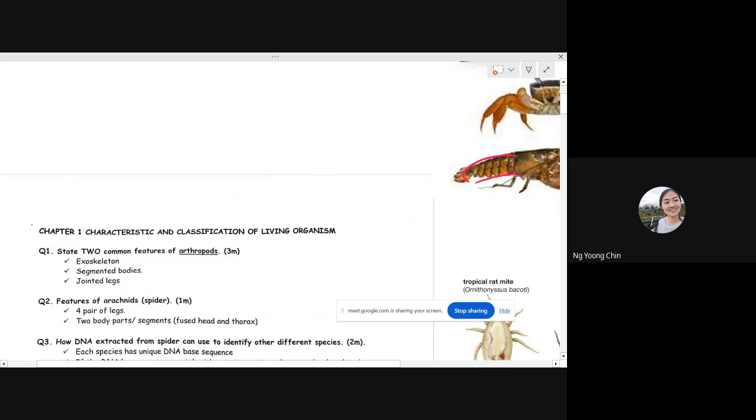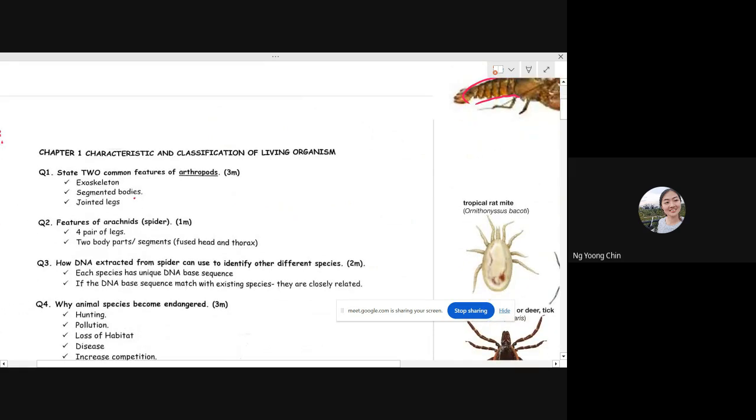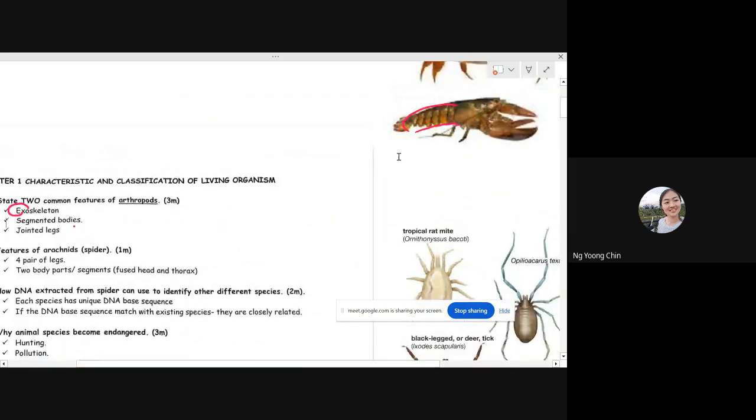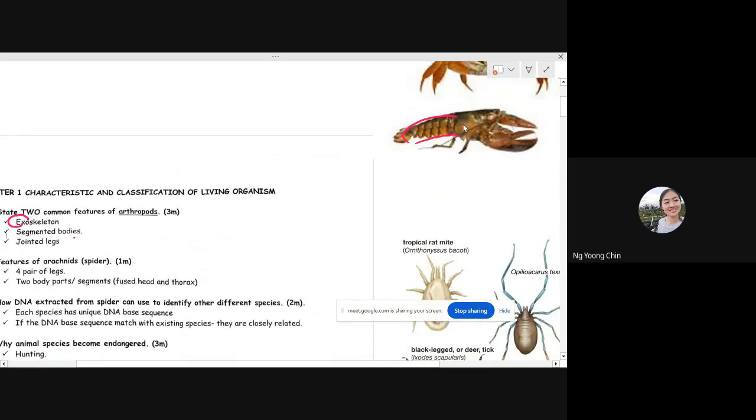Exoskeleton. Exo means the external part of the body, the external hard part of the body. Arthropods don't really have a skeleton like humans or animals. Humans and animals like us are vertebrate animals.